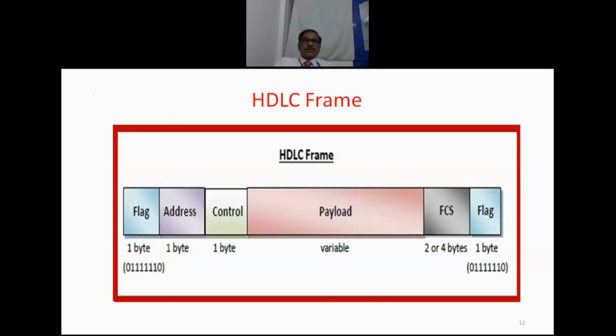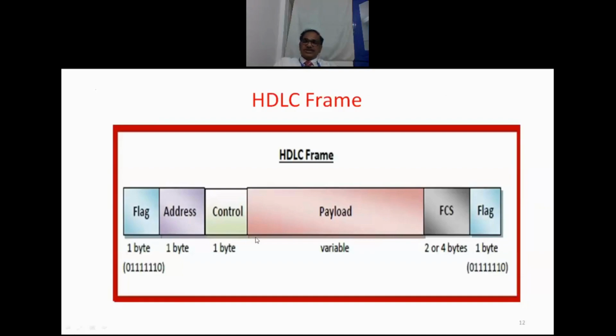But in this particular case, HDLC, only one address field is available. So that address indicates the receiver's address.